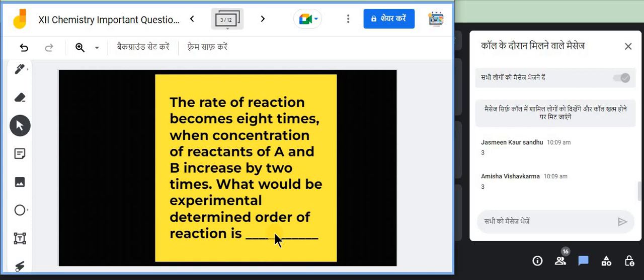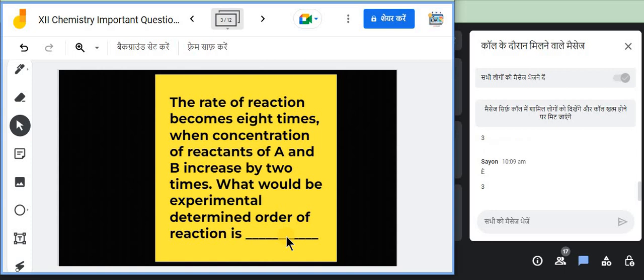So I can modify this question also. I'm not writing the question now, just asking you verbally. If you increase the concentration of A, the rate becomes double.